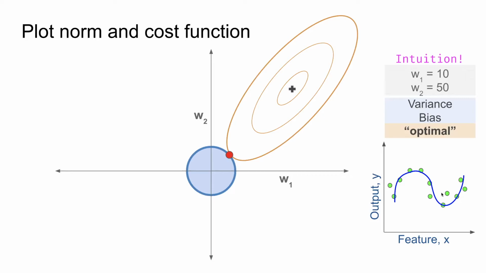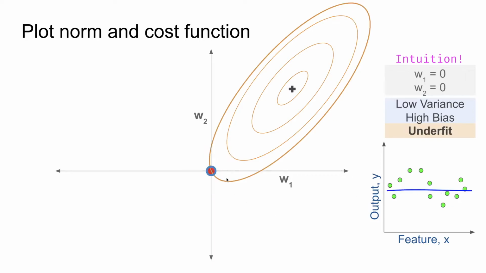Now if we go further down and reach zero, we reach the other extreme of the parameters, where the parameters would be 0 and the value for lambda would be very large, and therefore we end up in a place which is underfit.